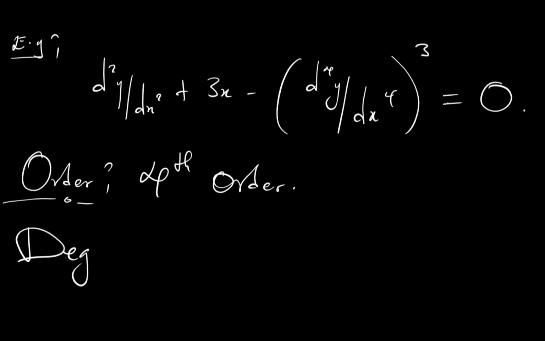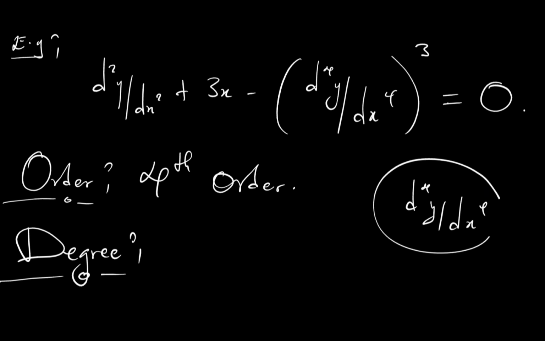Now, let's try and find the degree. We're saying that the degree is basically the highest power of the highest order. The reason I'm saying that it's the highest power of the highest derivative in a differential equation is, let me paint the picture: imagine if we also had something like d to the fourth y over dx to the fourth just hanging around this particular equation.